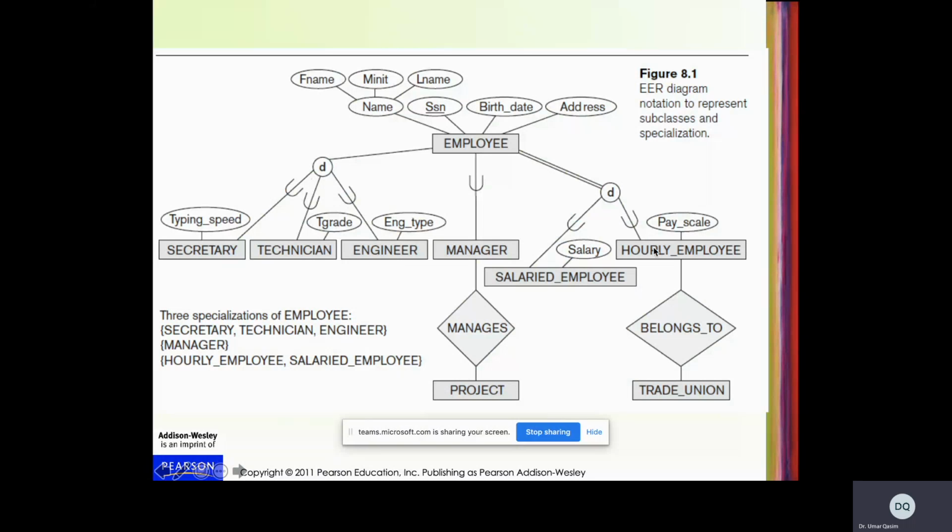Similarly, if you look at the specialization of pay, there are the salaried employee and hourly employee. So these are three specializations of employee: one is the job type, second is the role, manager role or not, and third is the payment type. All these are specializations.